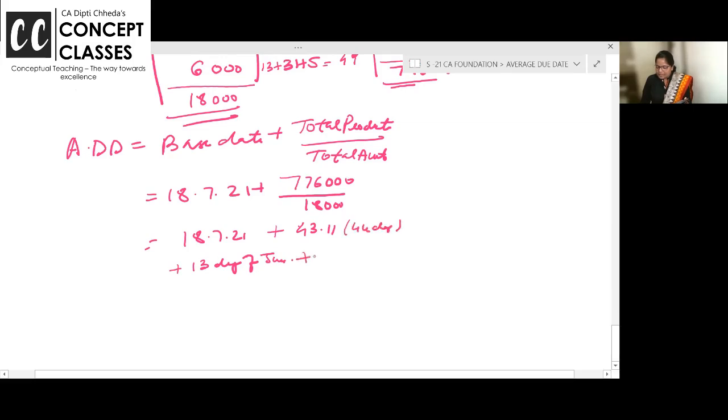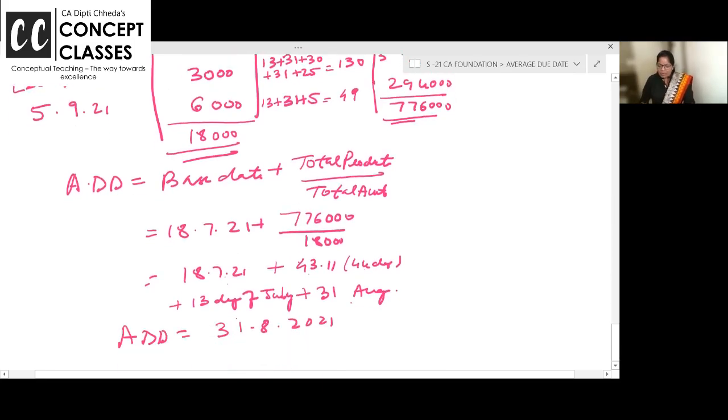So 13 days have gone, and 31 days of August. I hope you all are getting it. 18th July plus 44 days. So in July, 31 minus 18, 13 days of July have gone. So how many days remain? 44 minus 13, 31st August. So the average due date comes to 31st August 2021.